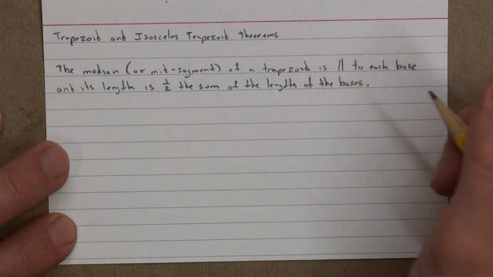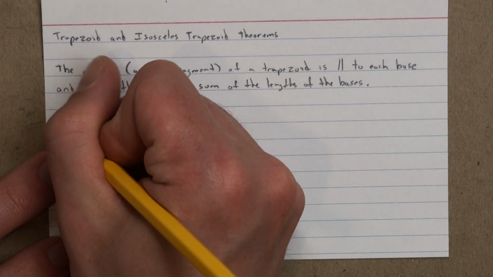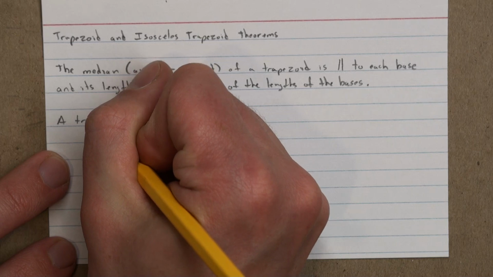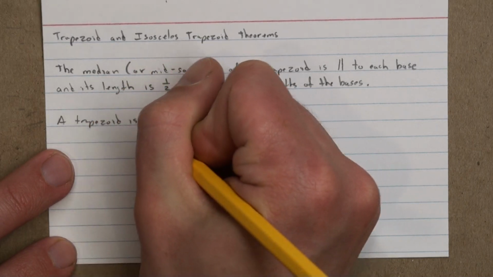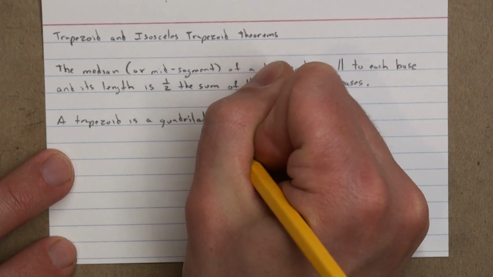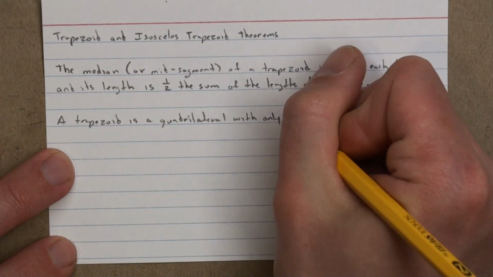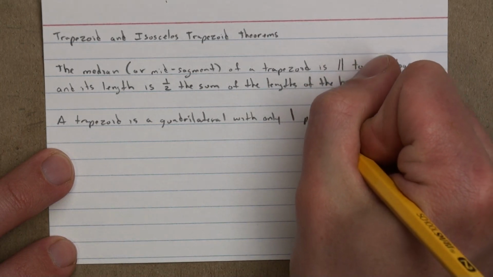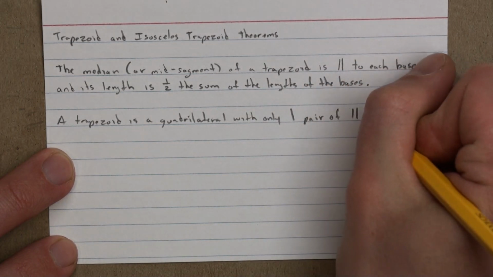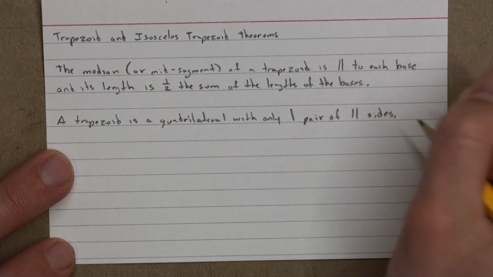Okay, we might as well just leave that. A trapezoid is a quadrilateral with only one pair of parallel sides.